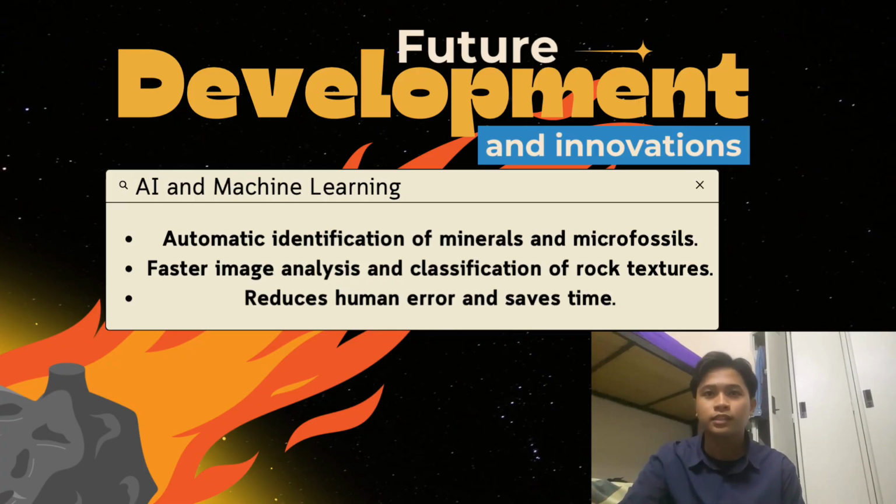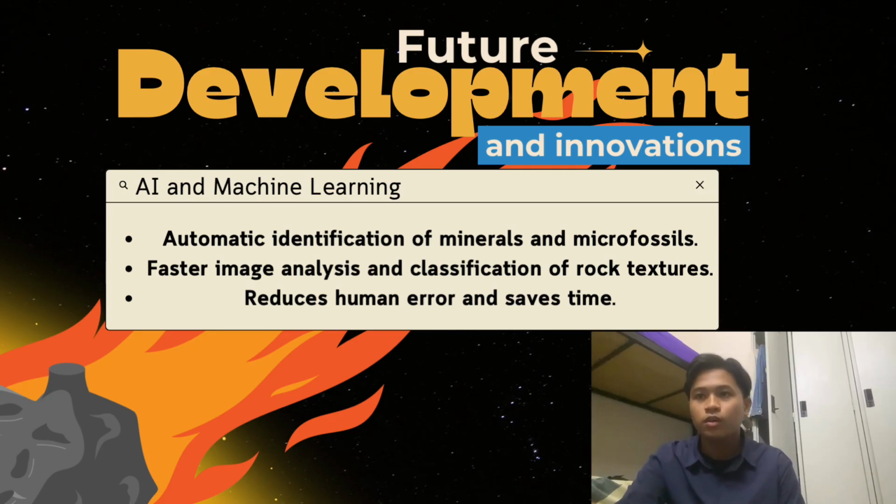Next, I will discuss several future developments and innovations in electron microscopy. The first development is the use of artificial intelligence, or AI, and machine learning. This technology can automatically identify minerals and microfossils from electron microscope images.